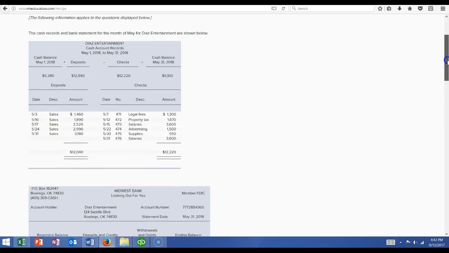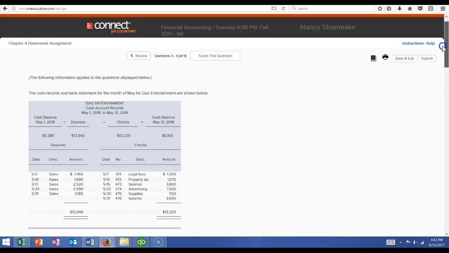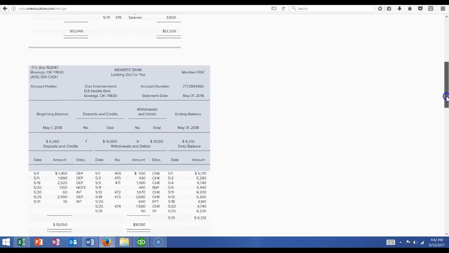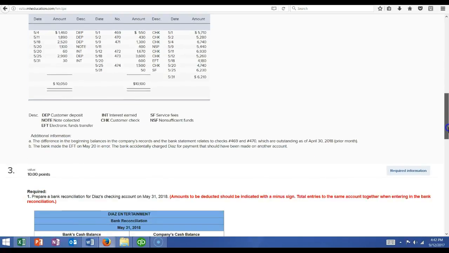This bank reconciliation is a little more challenging than the first one. So you've got information regarding the sales and the legal fees. You see the cash balance on May 31st is the $5,100. Then we have Midwest Bank showing various information.